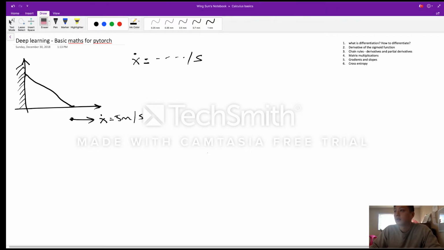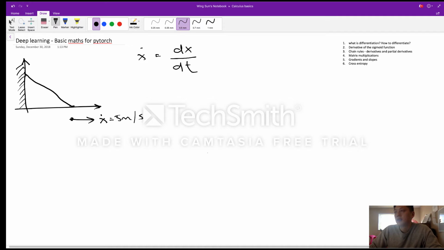So let me erase that. By the way, I should really explain to you some of the conventions of the calculus language. This x dot here, I can write as dx over dt.